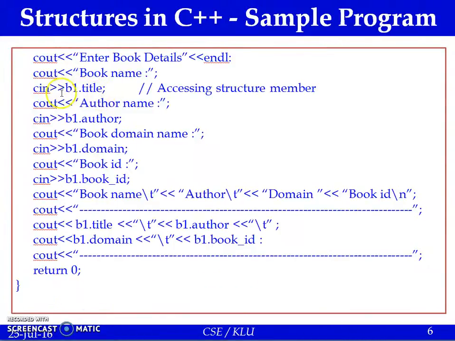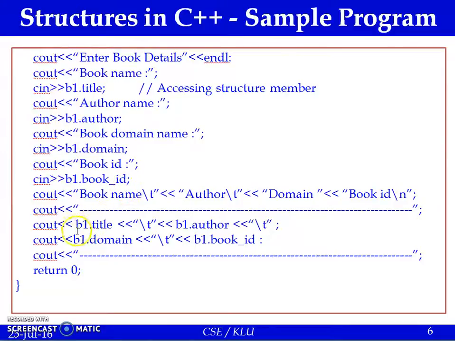To access the members of the structure, we give the structure variable name followed by the dot operator, next the member name. The first member is the title, so I am accessing the member B1 dot title. The next member is author, so B1 dot author, B1 dot domain, B1 dot book ID.